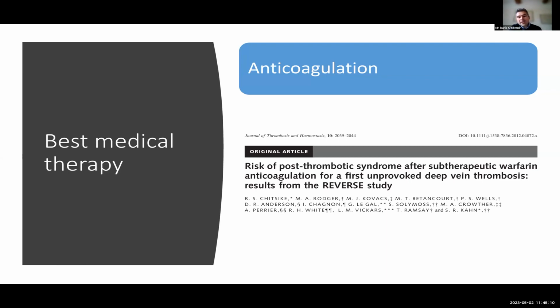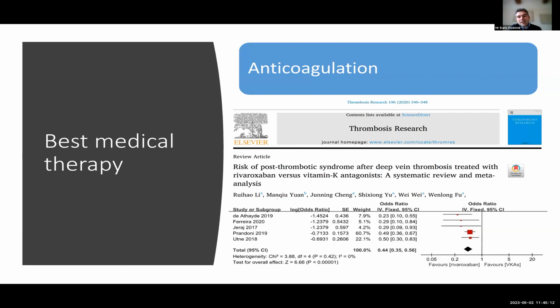And we know now that anticoagulation with DOACs is likely to be more effective in preventing post-thrombotic syndrome than warfarin. And so hopefully this will all address the potential problems that we see in the community.